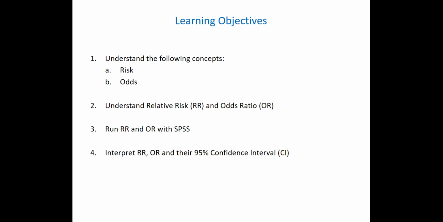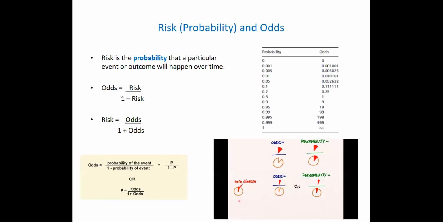Either you report the difference between means with the confidence interval, or odds ratio or relative risk with the confidence interval, or hazard ratio with the confidence interval. So let's quickly look at what is risk.